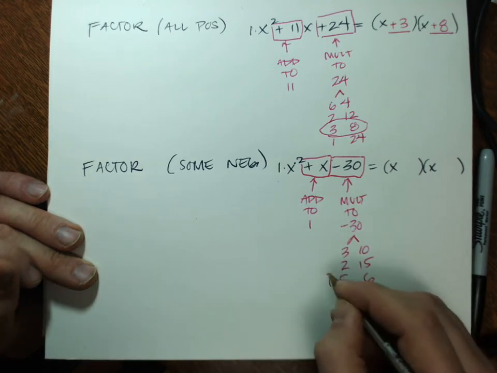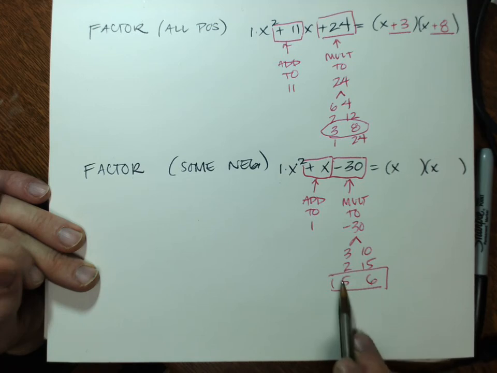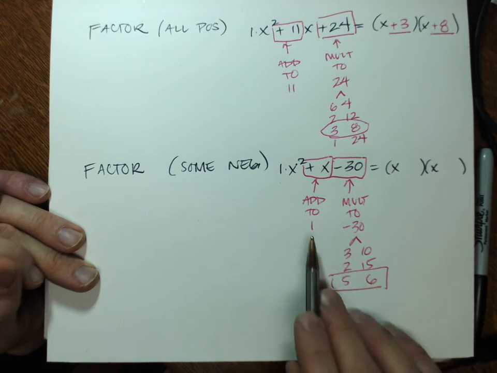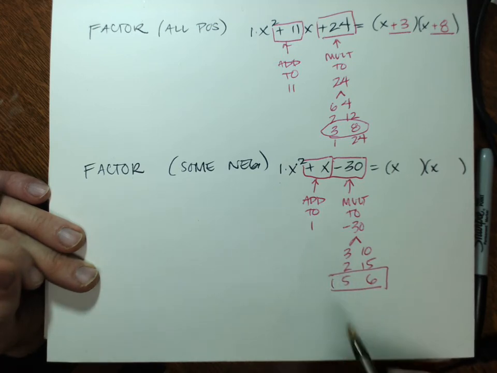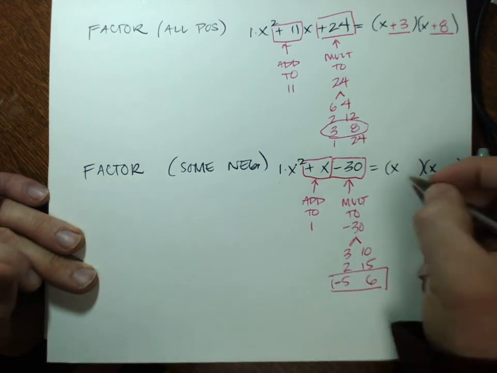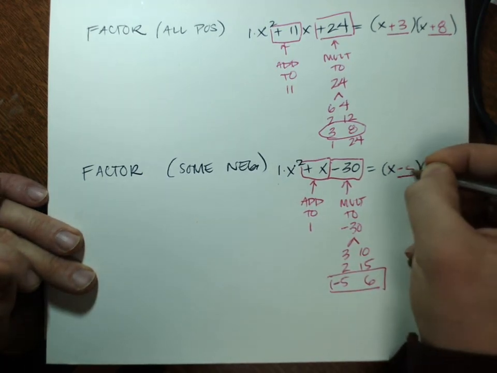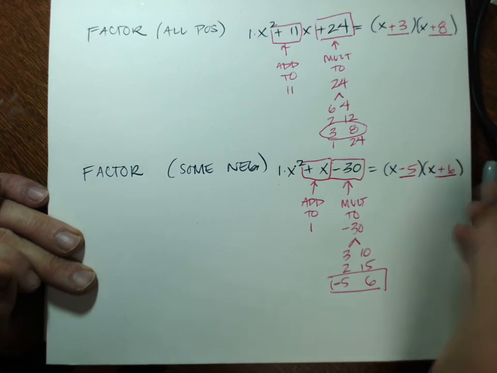So the 5 and the 6 are the only possibility because the difference between those is 1. And then you have to decide, well, which one gets the negative sign? And since this is more positive than it is negative, the negative is going to go to the 5. And so the values here on the rest of the parentheses is x minus 5, x plus 6 in no particular order.